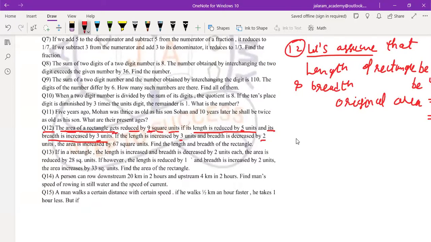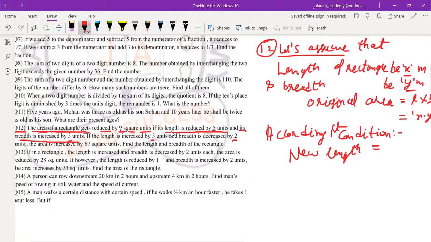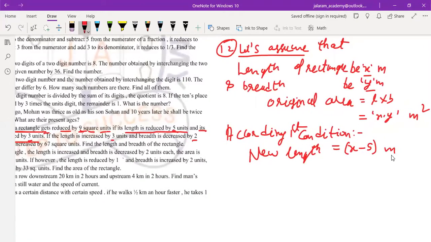Now, according to condition 1, what is given? There is a change in length and change in breadth. According to the first condition, write the new length. x was the original length, and the length is reduced by 5, so the new length is x minus 5 meter.